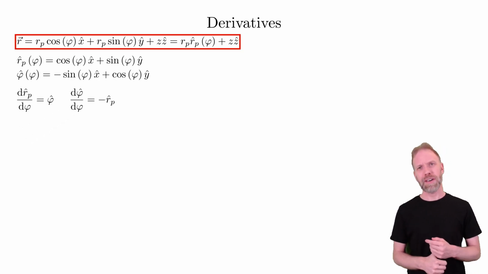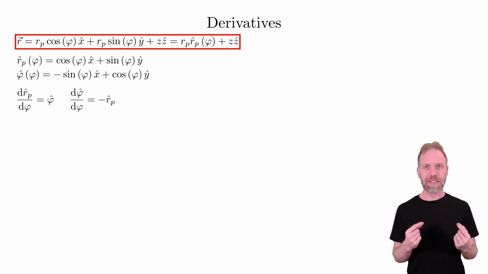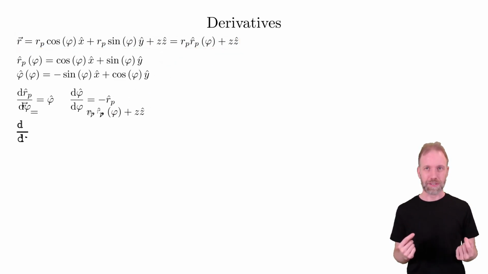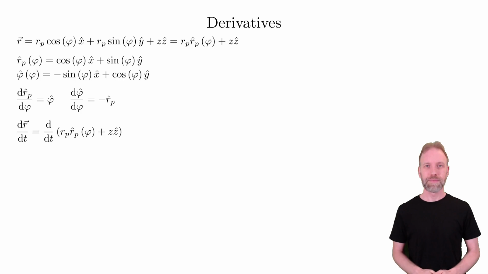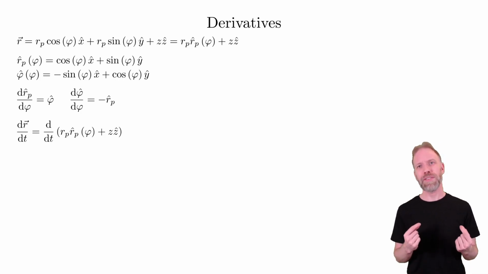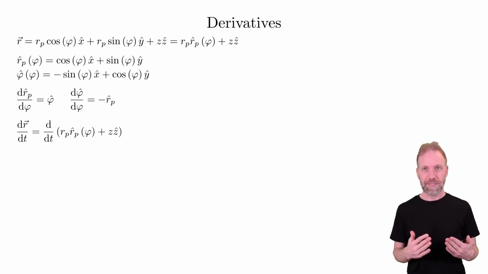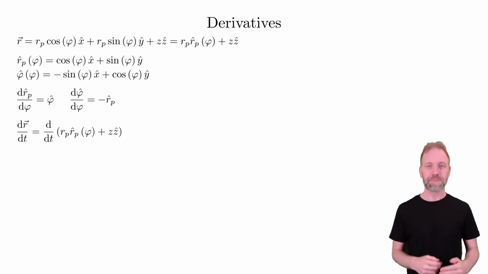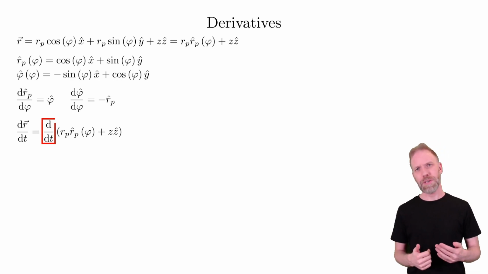To demonstrate how this is important, let us take the time derivative of the position vector. Assume that the position vector indicates the position of an object, the time derivative will give the velocity of the object. Distribute the derivative operator.